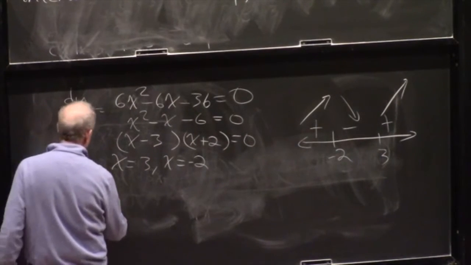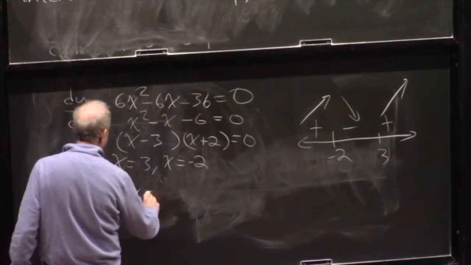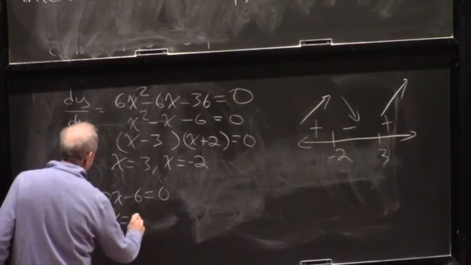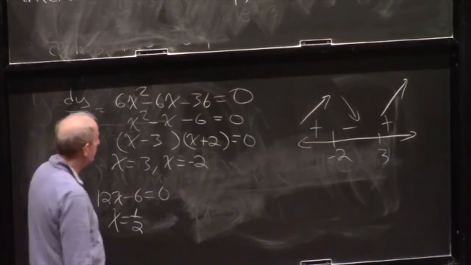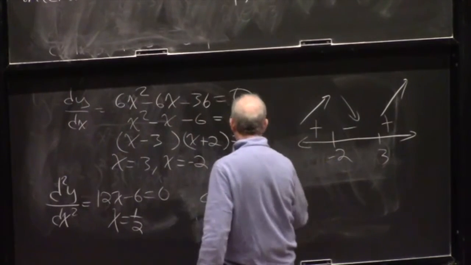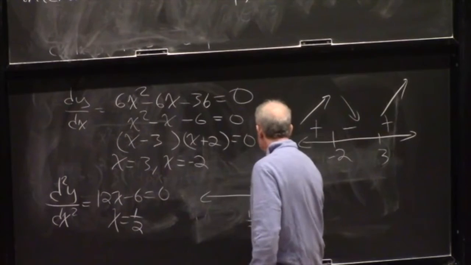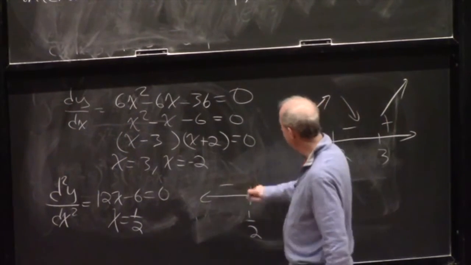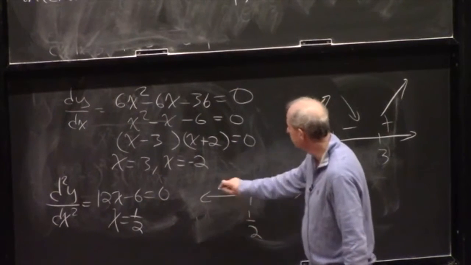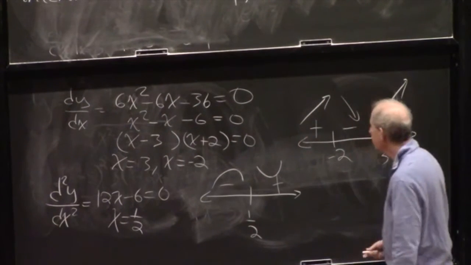Second derivative is 12x minus 6, set equal to 0. You get x equals 1/2. Pick a number less than 1/2, this comes out negative, and greater than 1/2, that comes out positive. So concave down, concave up.